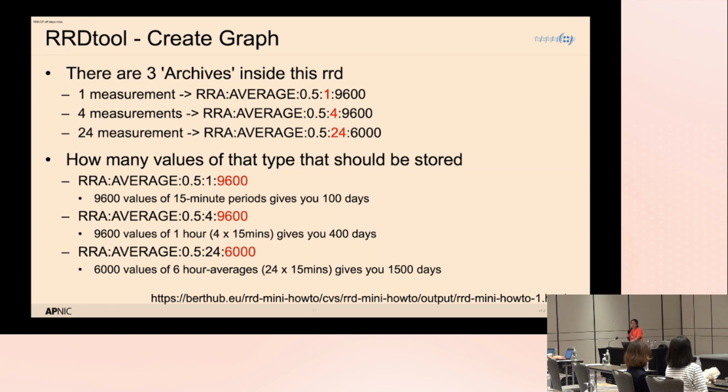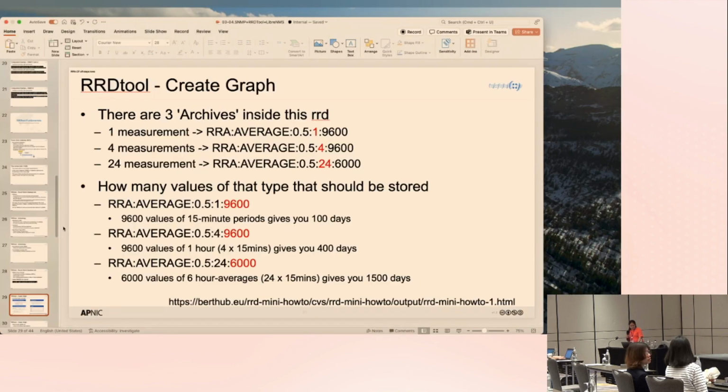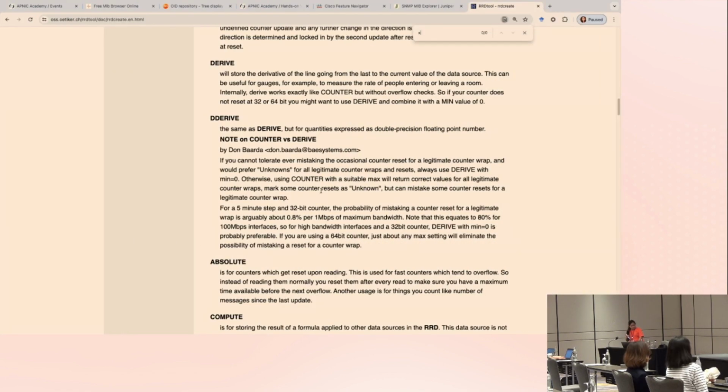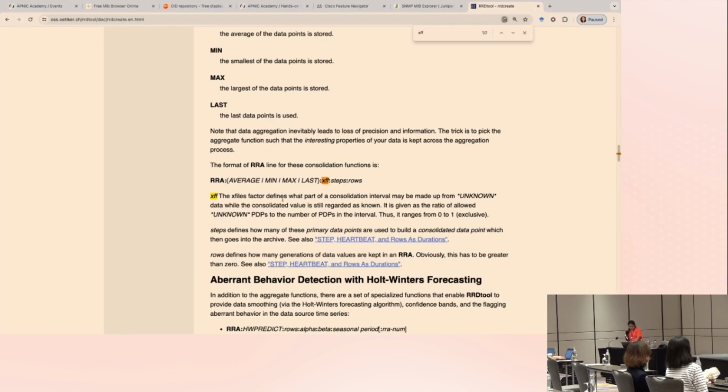So heartbeat, step, this value, the X file, XFF, where's the R? This one, X file factor. So sometimes you get values that are unknown.